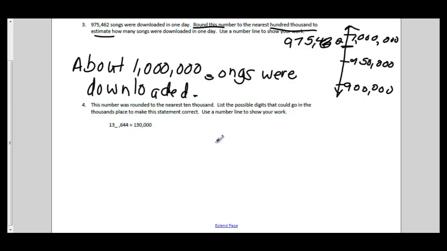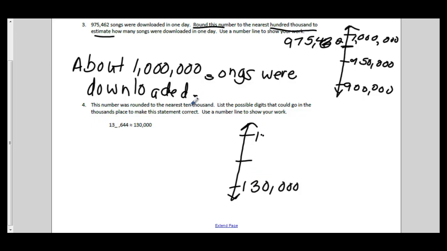So if I had a vertical number line, because the first two digits are 13, that tells me that 130,000 would be the lower number on this number line. If this number was a 12 here, like 129,000, well then I would know that they rounded up to 130,000. But since the actual number begins with a 13, I know 130,000 had to be the least number.